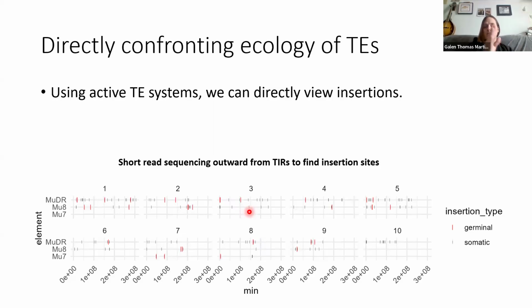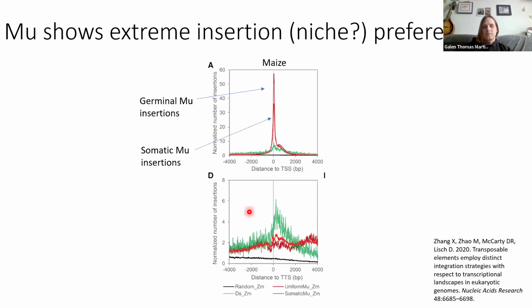And so you can map these individual insertions where they actually go into in the genome before a whole lot of selection has taken place. Of course, if there was an element that was completely fatal, then you wouldn't see it. But most of the selection hasn't taken place yet directly after insertion, right?